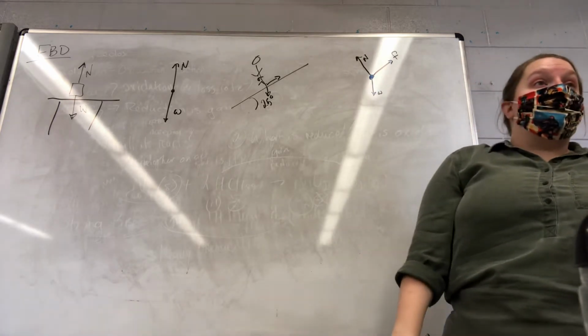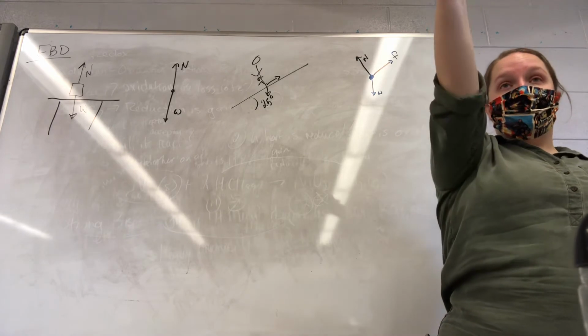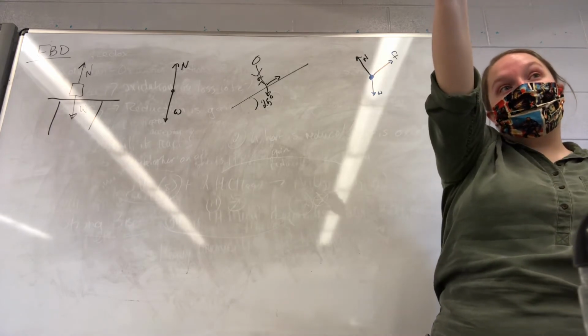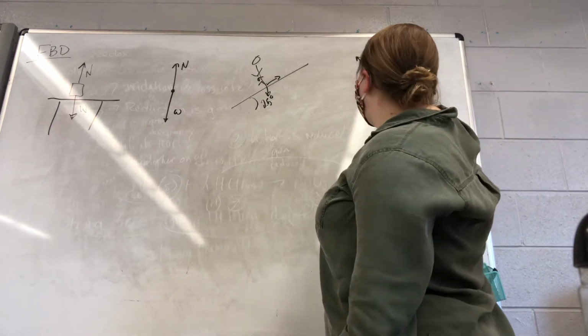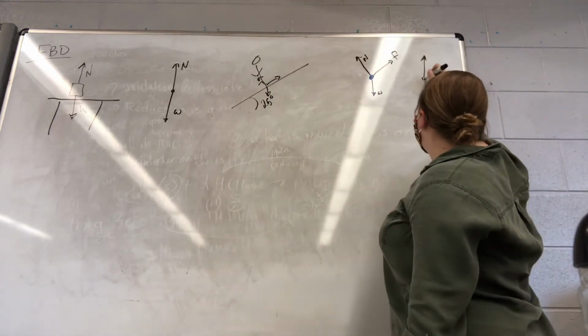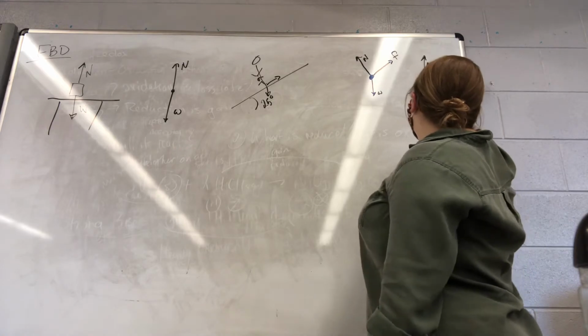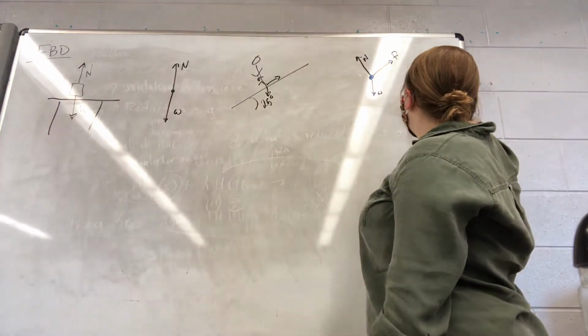What I would prefer you do is turn the diagram so that you can see that forces are on the axes as much as possible. If I take this and I turn it, it looks like this.